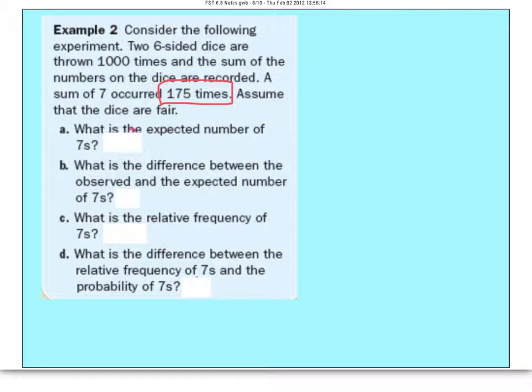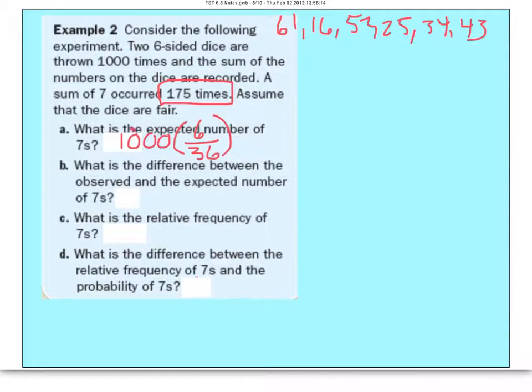The expected counts, if we do it 1,000 times, the probability of getting a sum of 7 is going to be a 6 and 1, a 1 and 6, 5 and 2, 2 and 5, 3 and 4, 4 and 3. So we have 6 outcomes. So the probability is 6 out of 36 because it's 2 dice. This will actually work out to be 166 and 2/3 times.